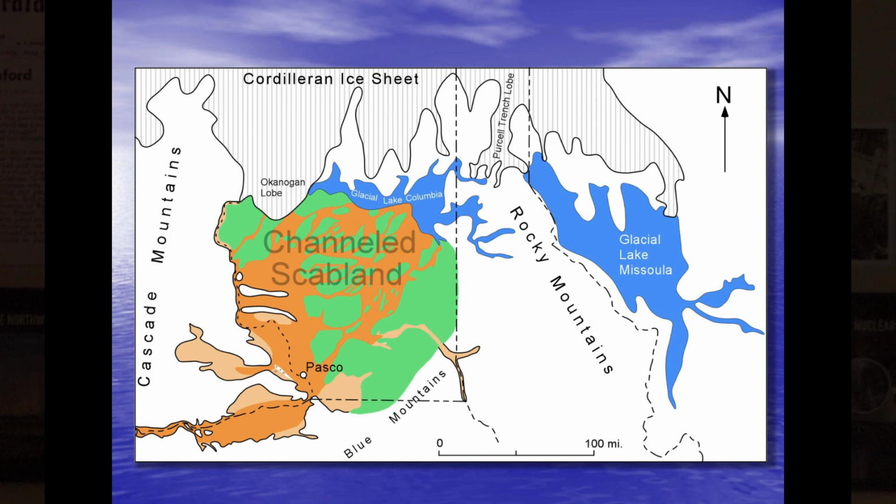The Clark Fork River drains this area, so when the water from the Clark Fork River tried to escape, it was all backed up behind the Purcell Trench. Downstream of that, we have another lake called Glacial Lake Columbia that formed behind the Okanagan lobe during most of the Ice Age. And then we have the channel scabland, which was the area downstream that was flooded during these floods.